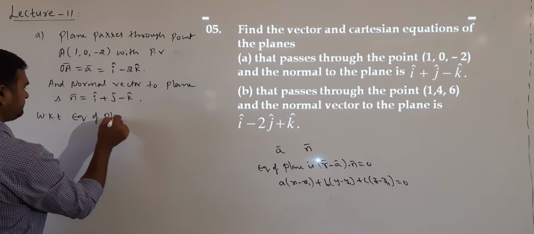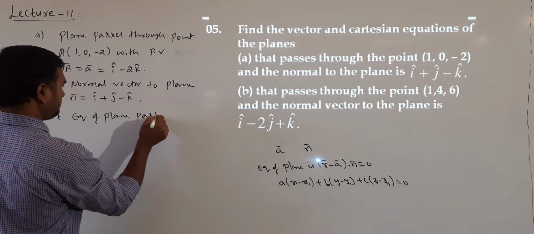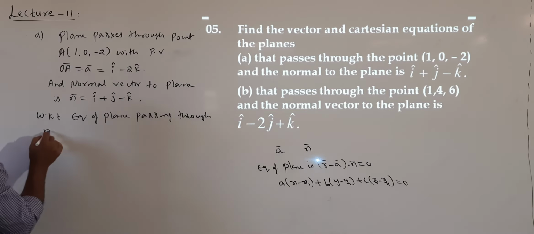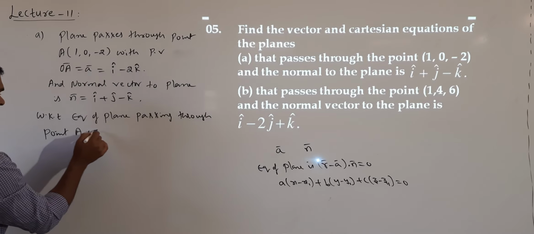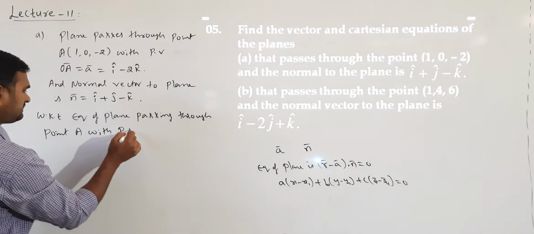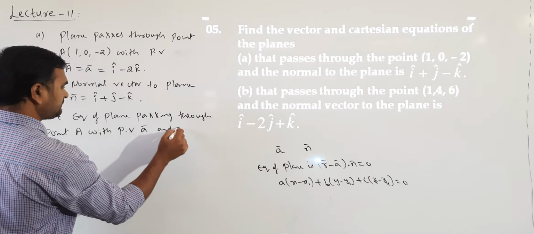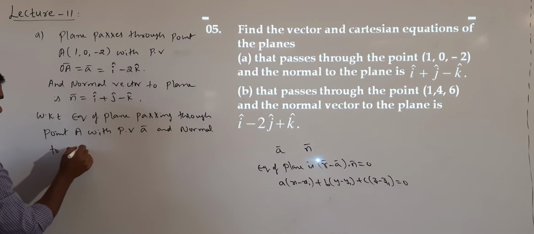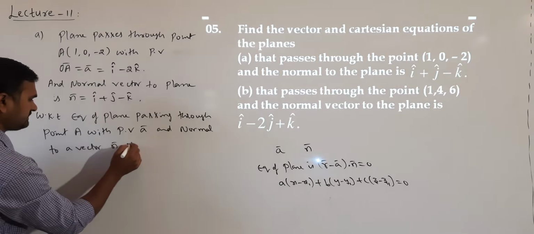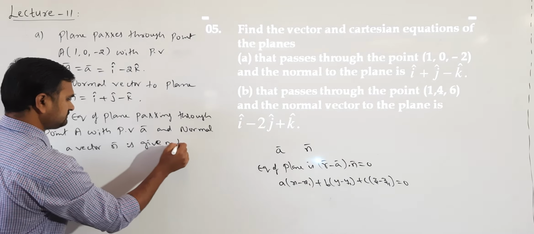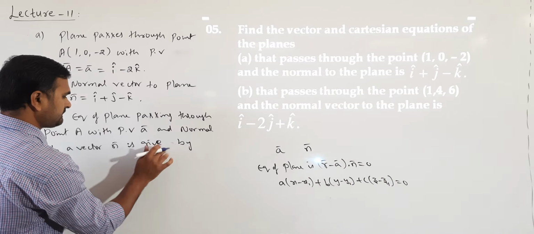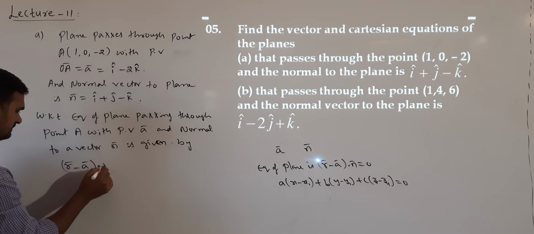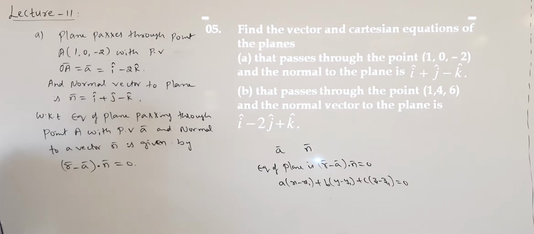So we know that the equation of a plane passing through point A with position vector a bar and normal to a vector n bar is given by r bar minus a bar dot n bar is equal to 0.